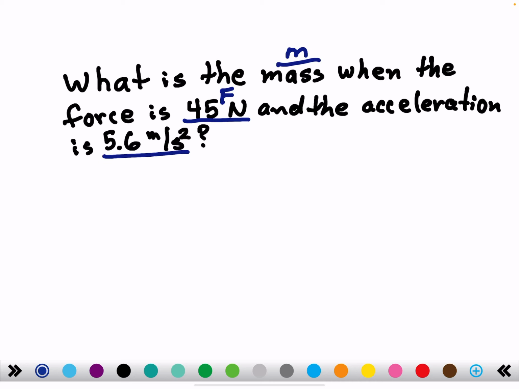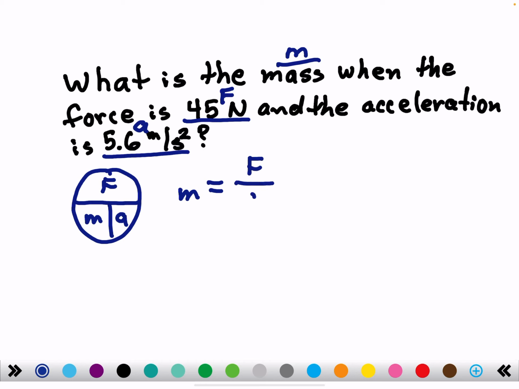Meters per square second always represents the acceleration, so 5.6 meters per square second is the acceleration. And we use our formula circle F, M, and A. We're looking for mass, so we know that the mass is the force divided by the acceleration.